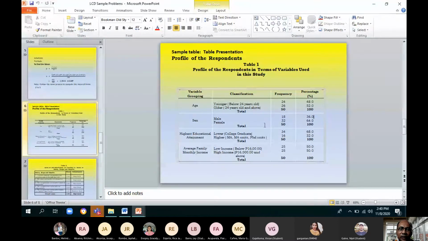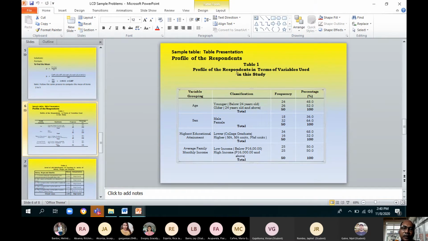So, hanging table. No grid line. Walang mga rows and columns na. So, ito ang standardized na presentation of table. Tatlo lang ka-line.